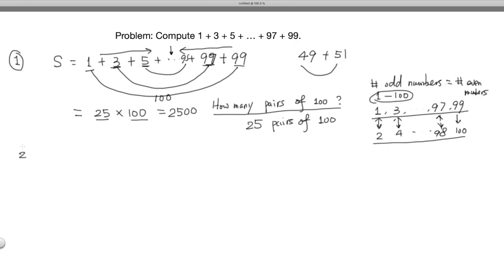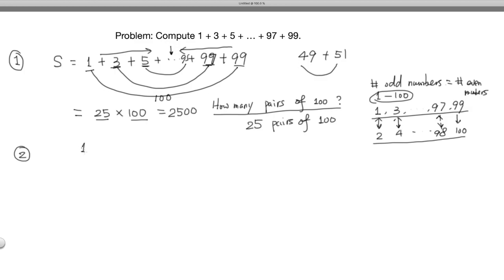The second way I like is just trying to see a pattern. Instead of calculating 1 plus 3 plus all the way to 99, let's see the pattern of adding fewer terms in the sequence.